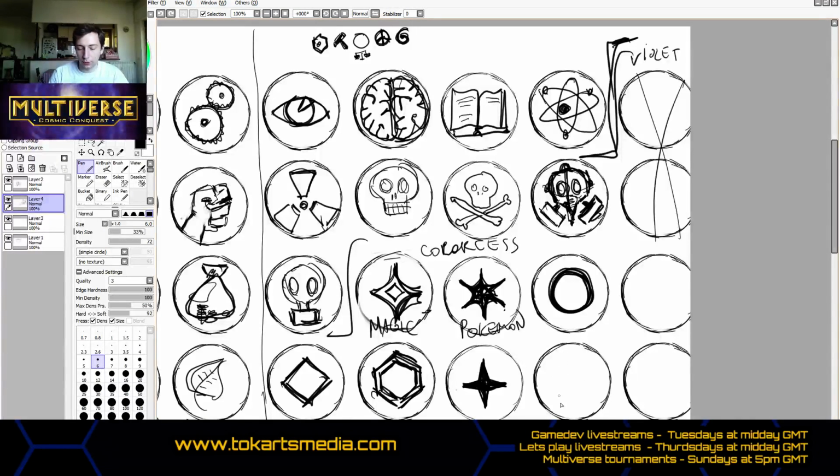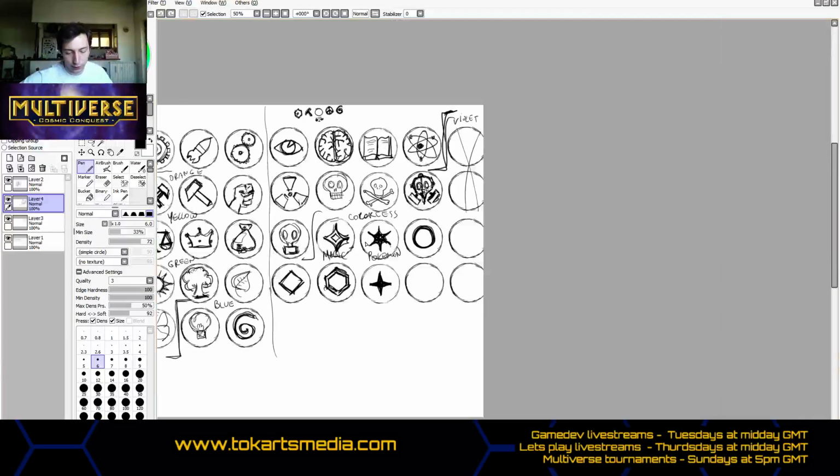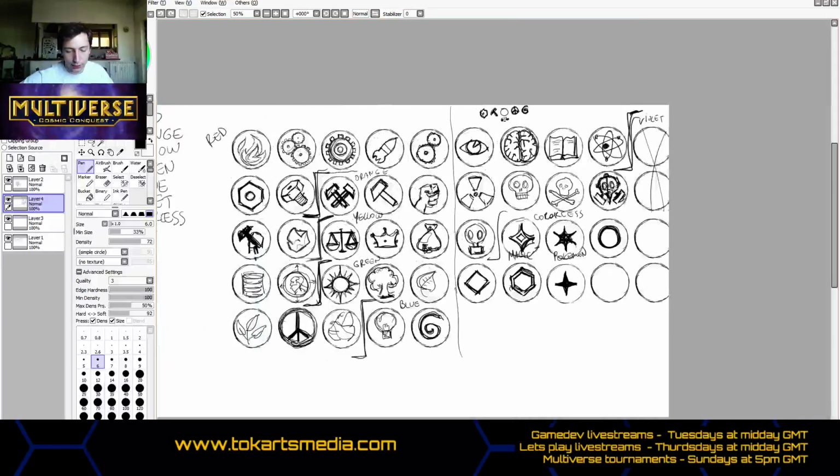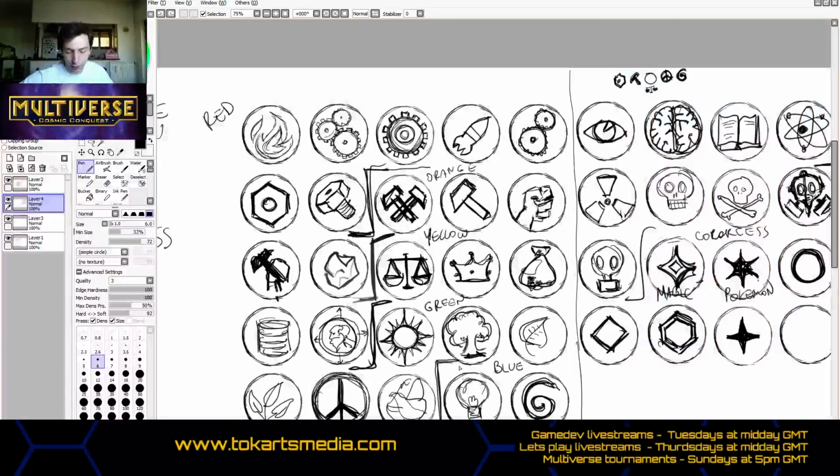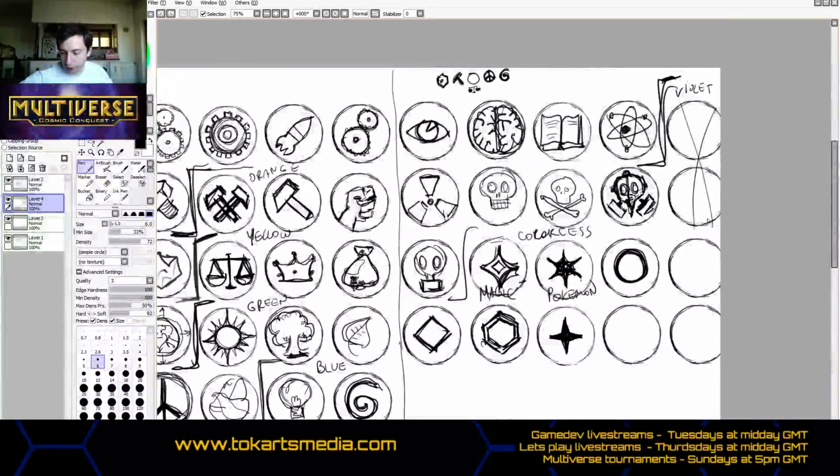Hexagon could work because we have 6 different colors. So other than that, I think these are all the possibilities for all the different colors and their symbols, unless we come up with something different.